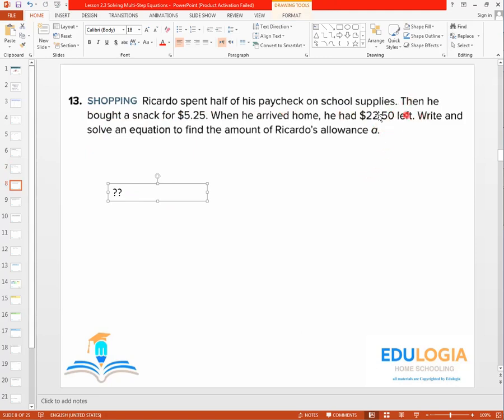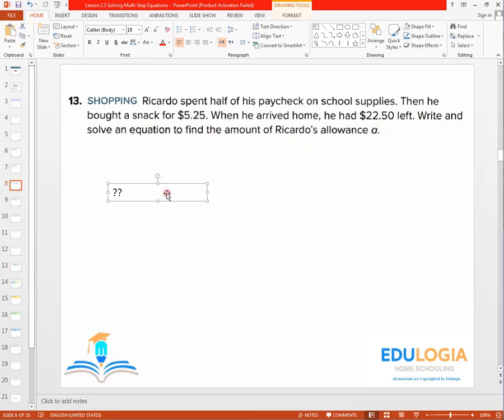Then he bought a snack for $5 and 25 cents. When he arrived home, he had $22.50 left. Write and solve an equation to find the amount of Ricardo's allowances.